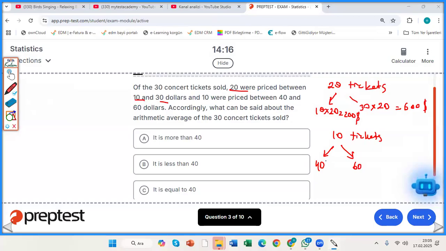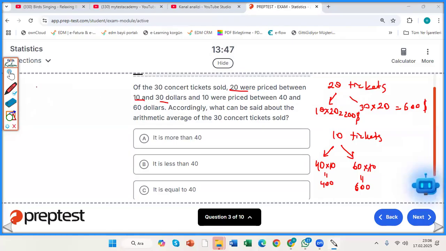So 40 times 10 is $400, and 60 times 10 is a maximum of $600. So assume that you sold each ticket at the minimum value.